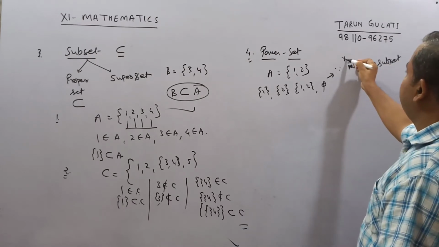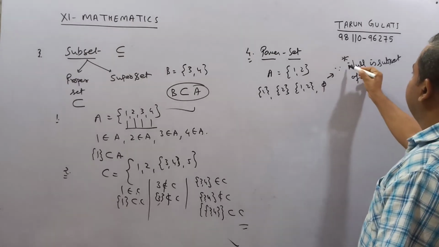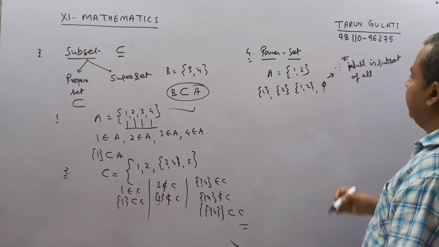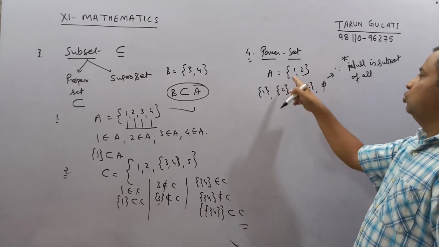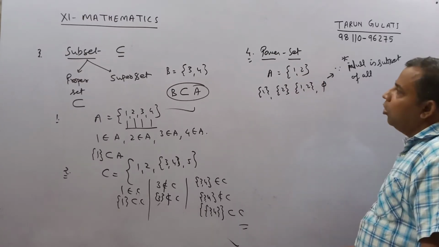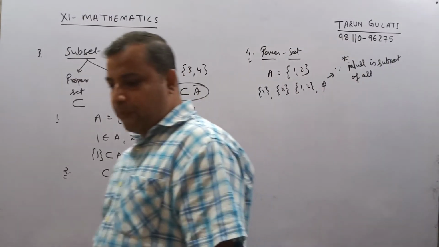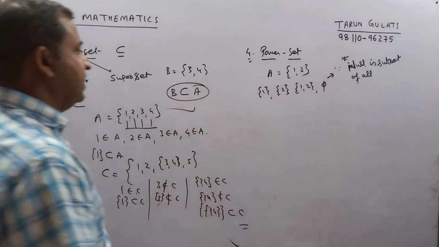We have to keep in mind this thing. So A is equal to {1, 2} and taking {1}, {2}, {1, 2} and null. This is known as power set.